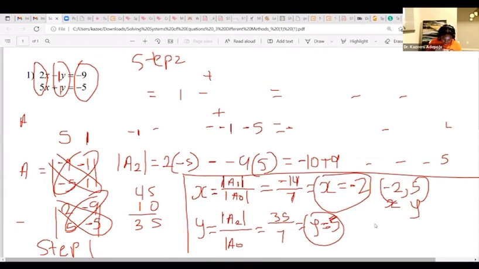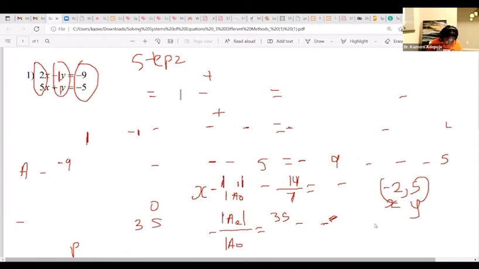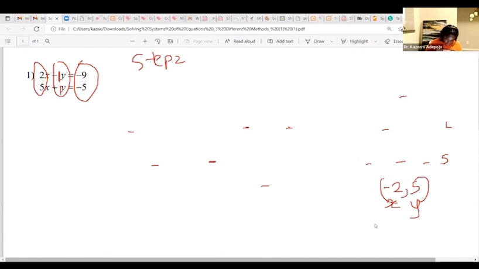Okay, so now we got to plug x and y into our former equation.